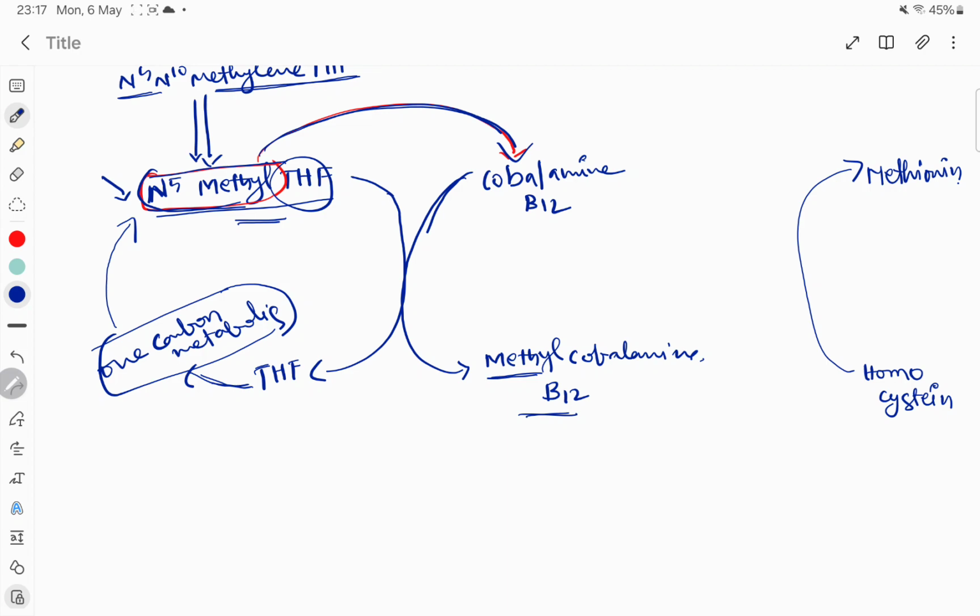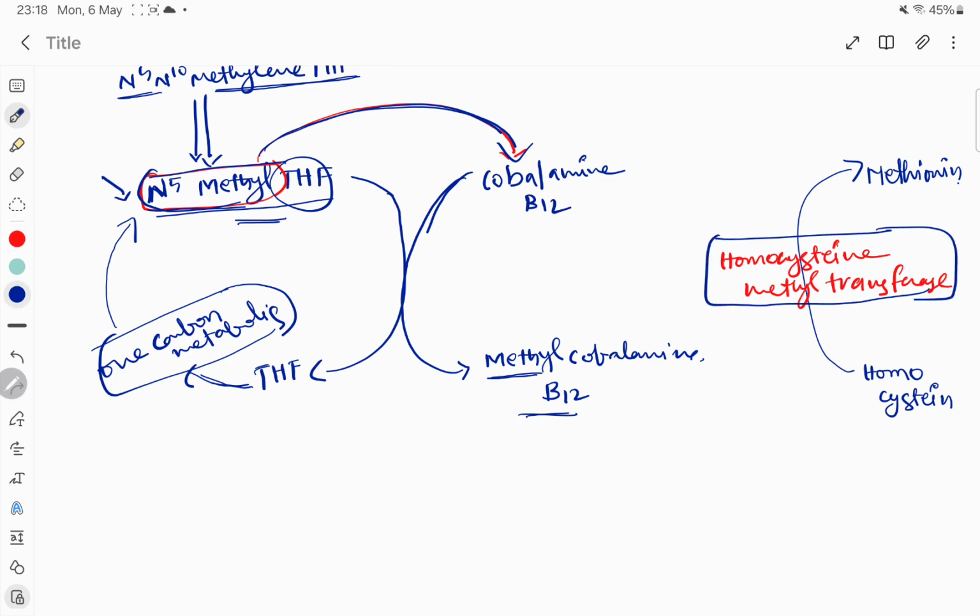There is an enzyme called homocysteine methyltransferase. This is an enzyme which requires a coenzyme to be activated.